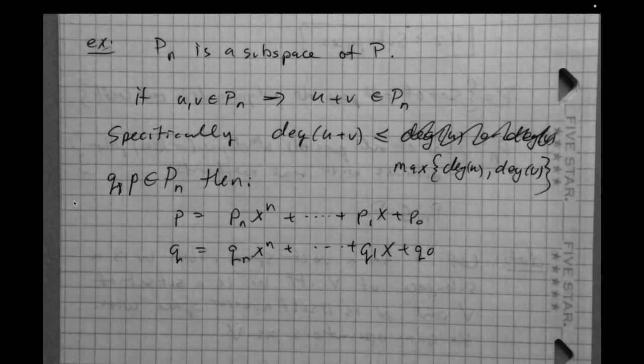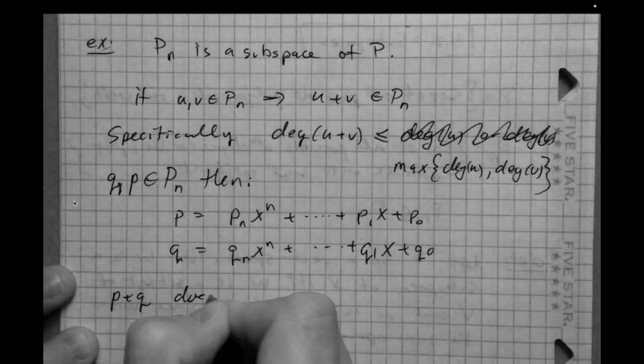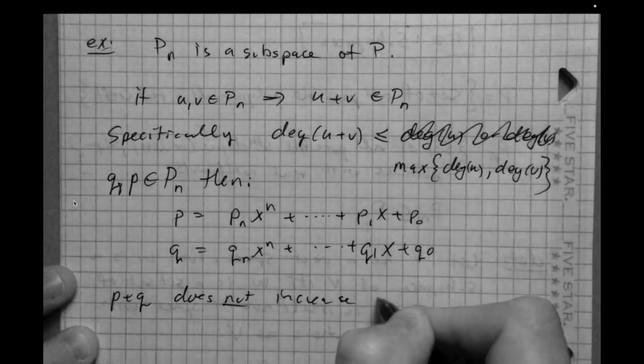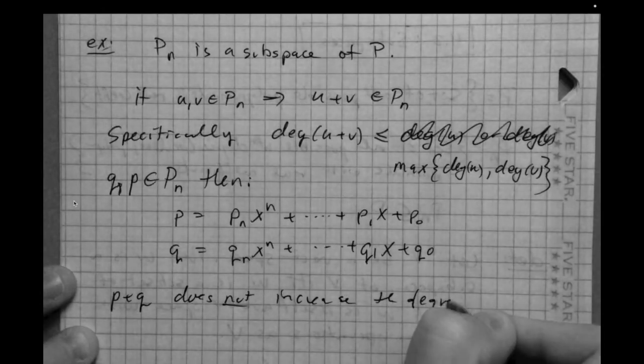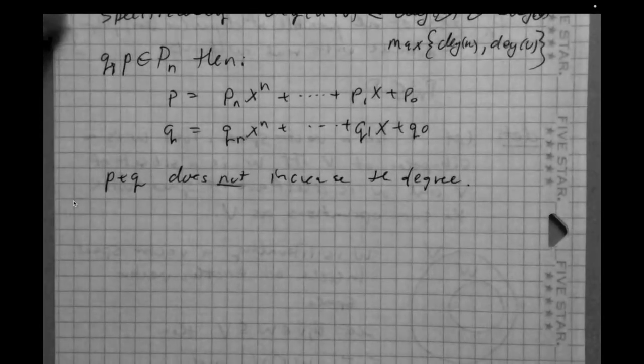Okay, and now notice that when you add polynomials together, the degree does not increase. So P plus Q does not increase the degree. That's kind of the key to why this works as a vector space. That's why P sub n is a vector space, because the degree can't increase.